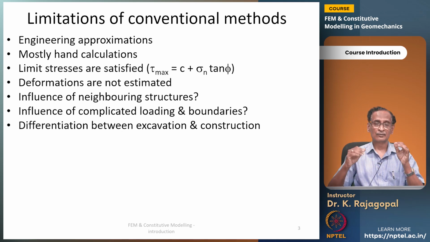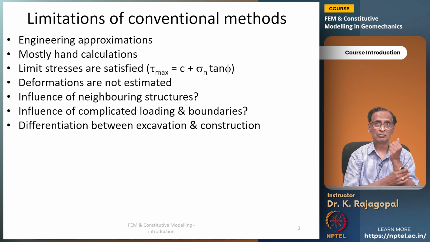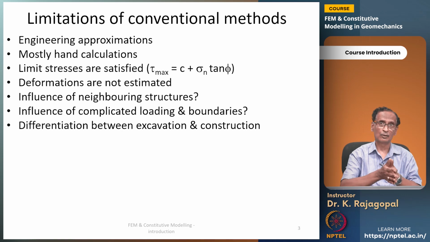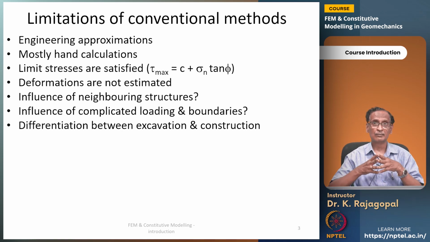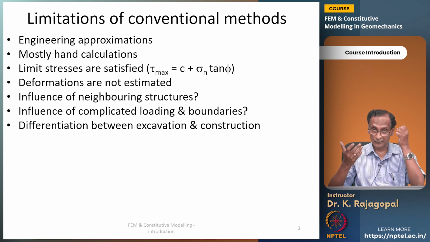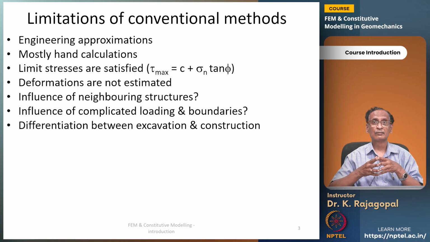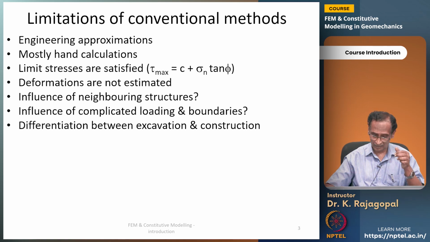Both will look alike at the end of our construction, but then their response may not be the same, because one is a constructed slope and the other is an excavated slope. We will not be able to differentiate between these two when we have these hand calculations based on conventional methods.